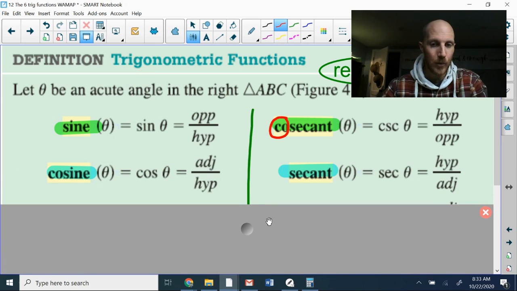Cosine has a reciprocal named secant. So there's some name similarity going on. We already know sine and cosine, and then these new ones, cosecant and secant, have similarities on both sides, in both columns.